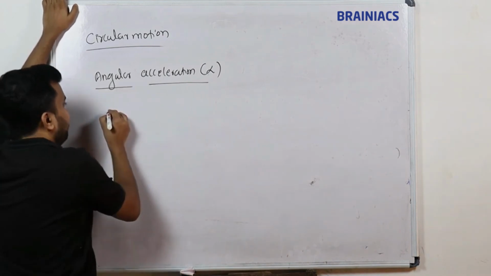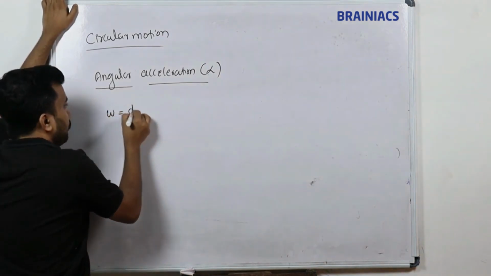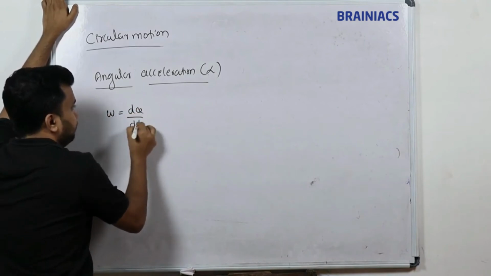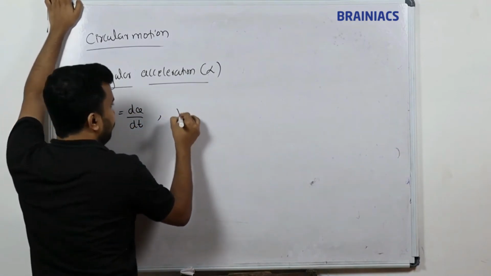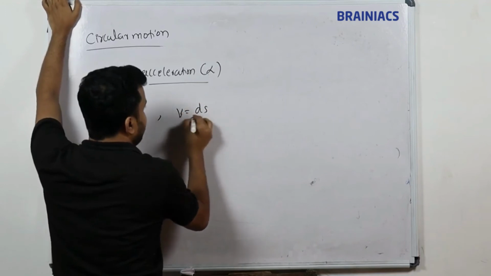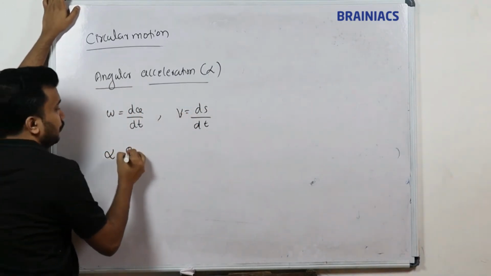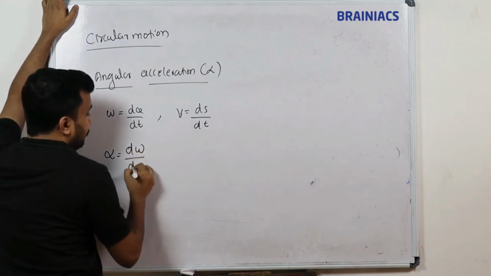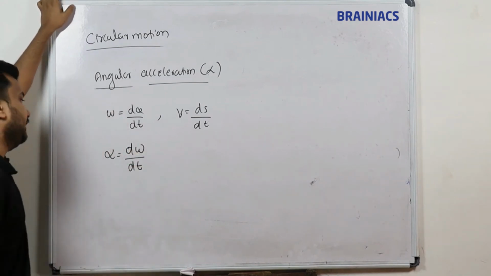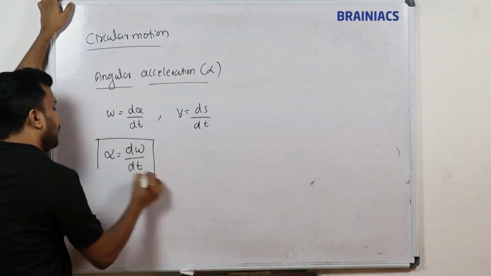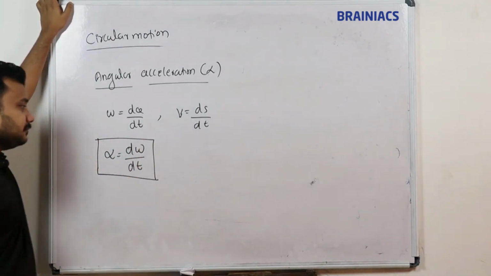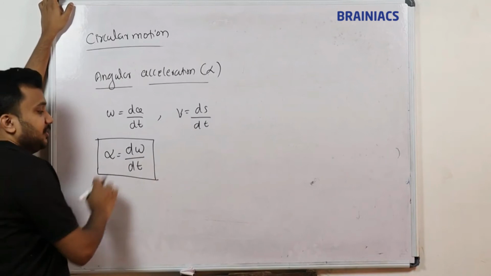Alpha is equal to rate of change of angular velocity, d omega by dt. I have written omega is equal to d theta by dt, corresponding to V is equal to ds by dt. This is called angular acceleration.